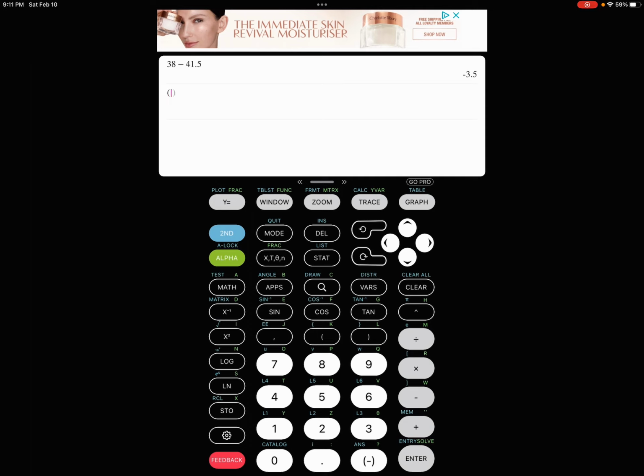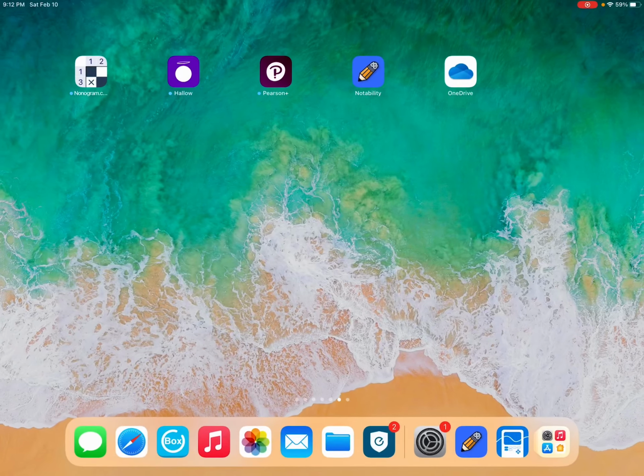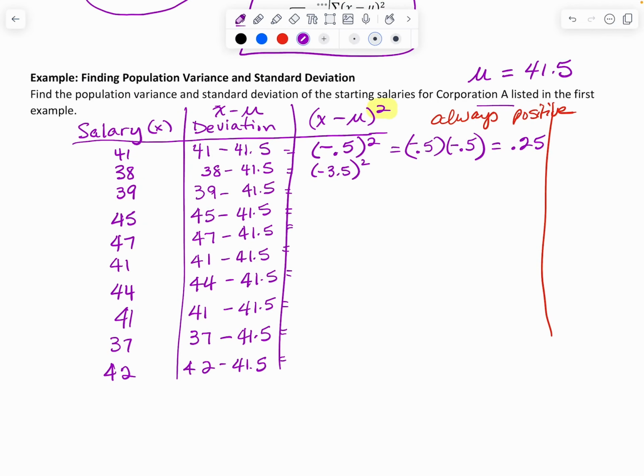And if I want to do negative 3.5 squared, make sure you use parentheses: negative 3.5, and then the squared button is right there, x squared above the log key, and hit enter, and indeed it is positive 12.25. Make sure you're using parentheses when you square that negative 3.5. If you do not use parentheses, you will not get the right answer. So be sure that you're using the parentheses correctly.